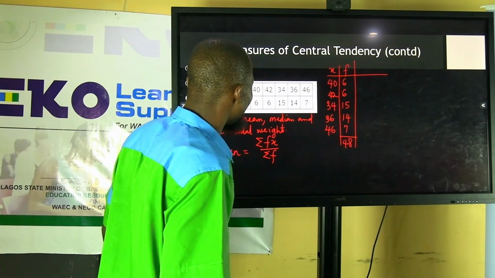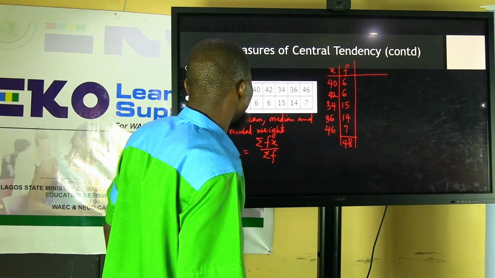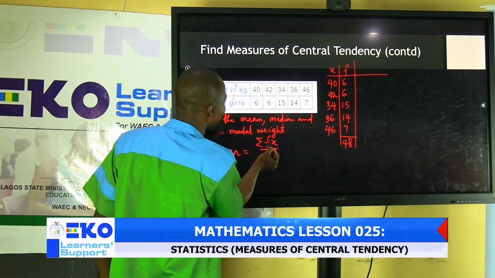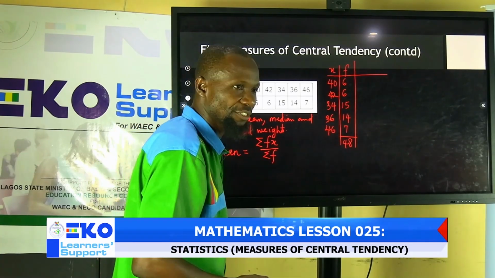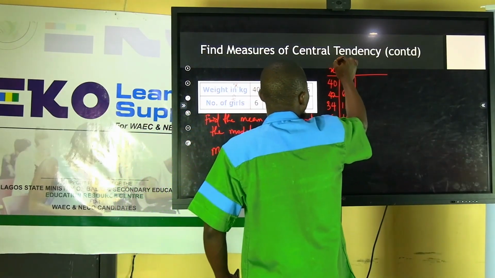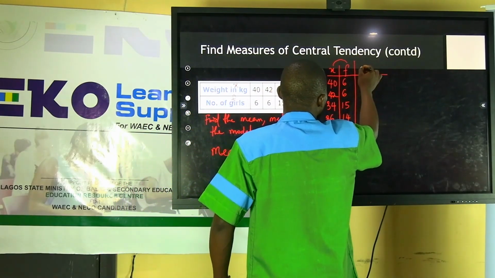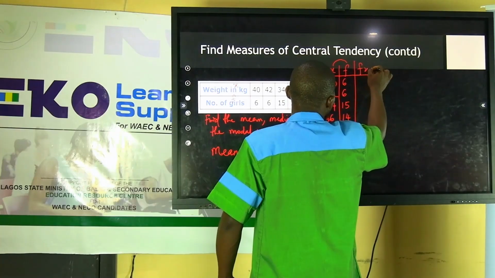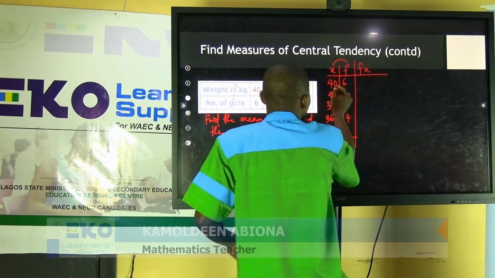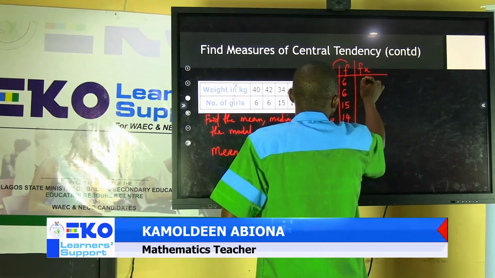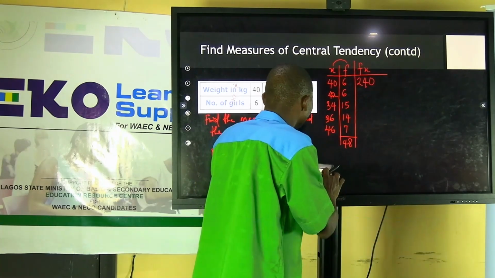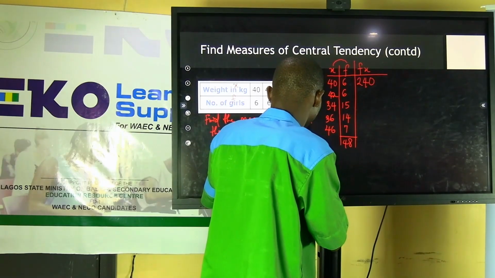So that is that. Then the next thing is I need another column which is f times x. So it means I need to multiply these two columns together, f times x. You can also have it as x times f, whichever way you want to write it. So if you multiply this, this is 240. Okay? So you can make use of your calculator.